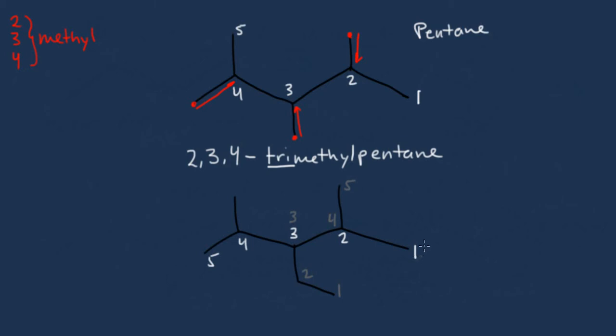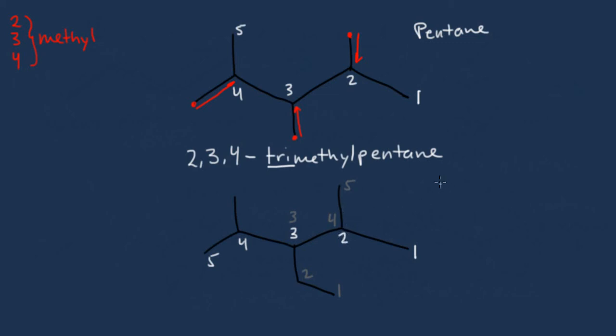So how do you know which one is the correct parent chain? Well, when you're looking at something like this where you have two conflicting chains that are the same length, you pick the parent chain that has the most substituted groups on it. And so let's go ahead and follow along our white numbers. So following along the white, we see we have something substituted on the 2 position.